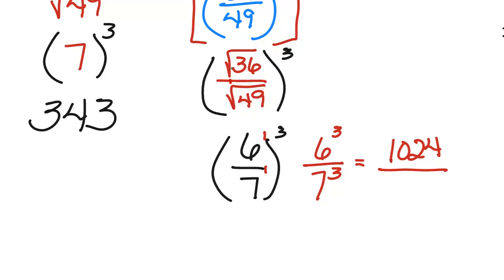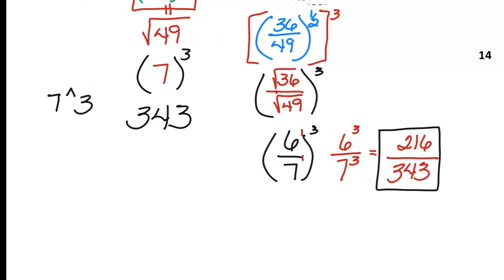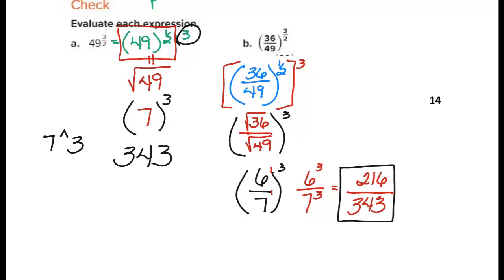What's 6 to the 3rd power? 216. Oh, I thought you said yes it was. Sorry. 216. And what's 7 to the 3rd? 343. I don't have a calculator, and I'm really not thinking right now about that part. Oh, so if you have something to the 1/2 power or the 3/2 power, break it up into 1/2 times something else. Okay?